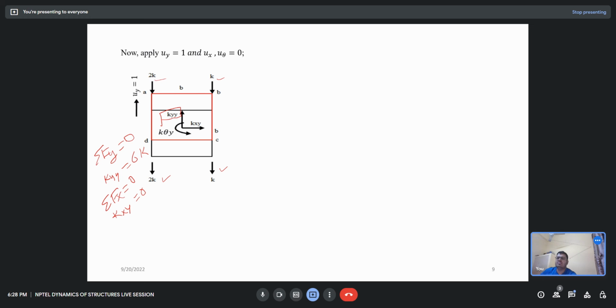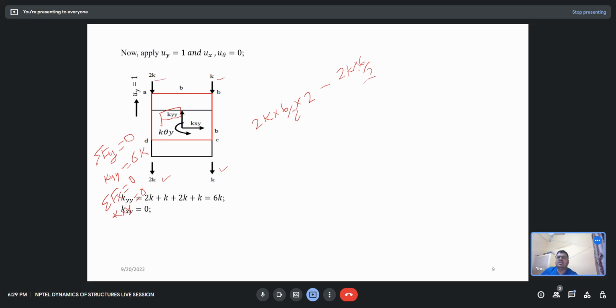Now k theta y. For k theta y, if you take moments, these two are in the direction of k theta y, and these two are in the opposite direction. So this 2k plus this 2k, 2k into b by 2 into 2, is in this direction of k theta y, and this is in the opposite direction, 2k into b by 2.